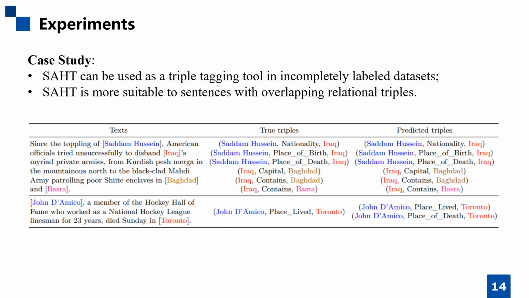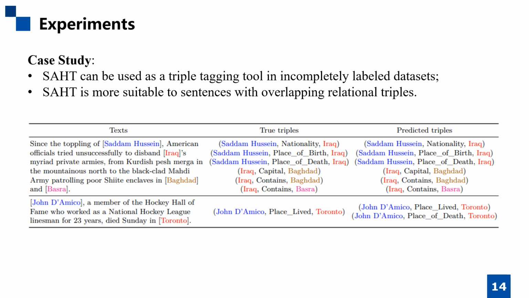We select two texts from the NYT test set for a case study. As shown in the table, in the first case, the predicted results of our model are still the same as the ground truth for such a complex sentence. This case further illustrates the strong extraction performance of our model for complex texts.